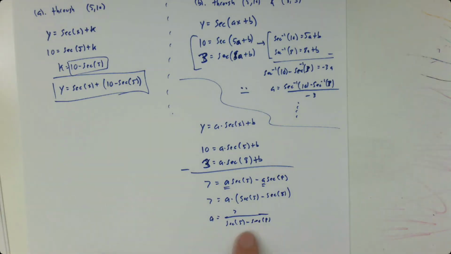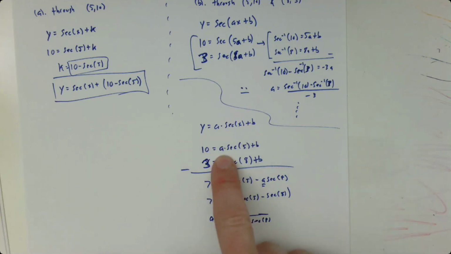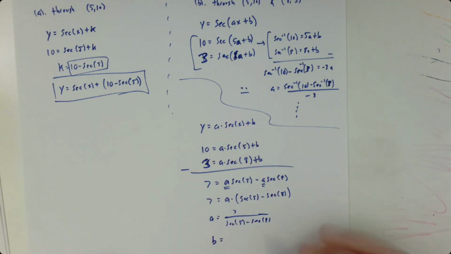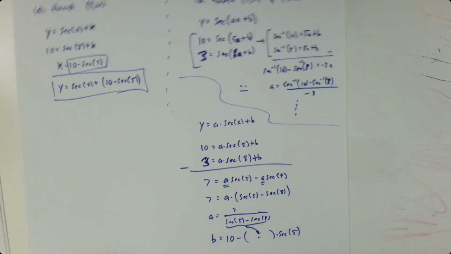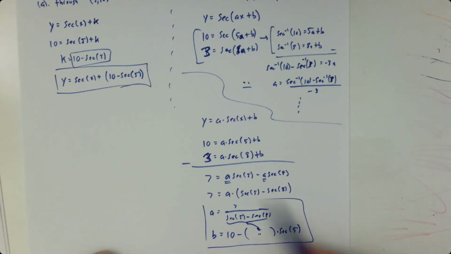And I can substitute that back in here and then solve for b. So b is 10 minus this thing. So 10 minus this a times secant 5. There we go.